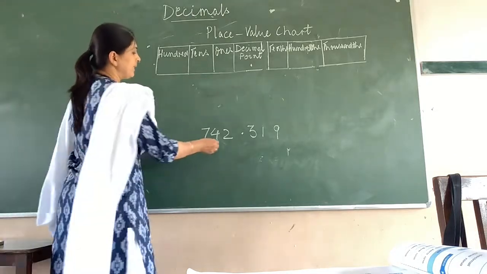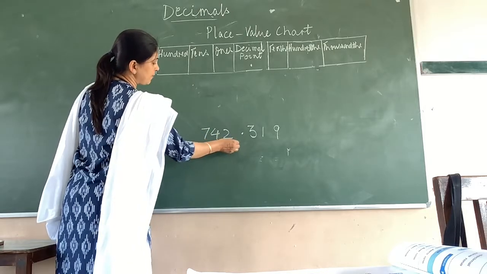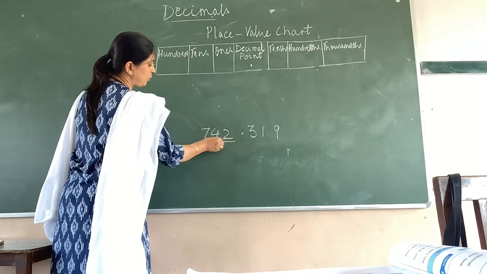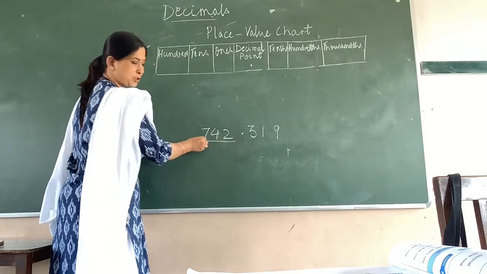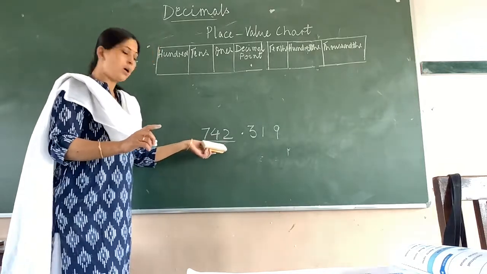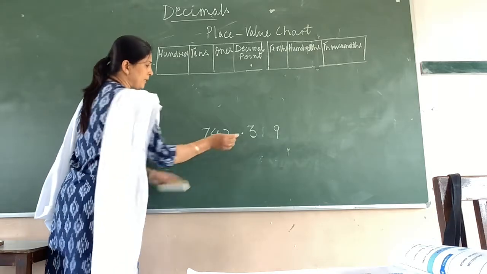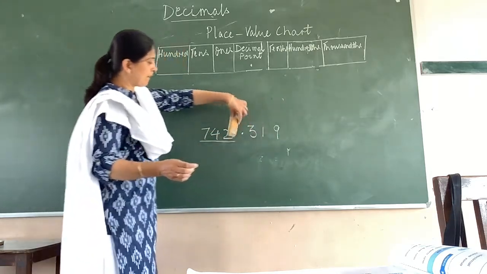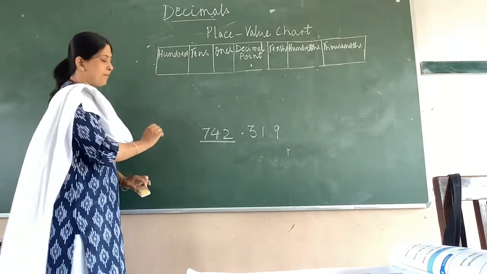Now see, we will see the number that is before the decimal point first. Children, when we were doing large numbers, you learned the place values of the number. Now see, forget that there is any number after decimal point. Remember only this 742.